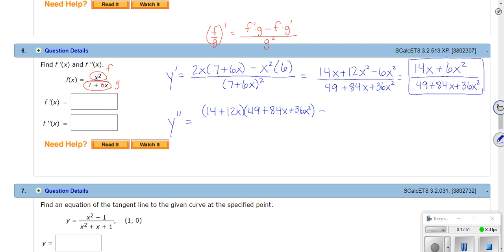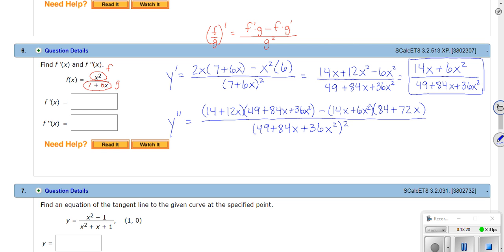Well, my f is 14x plus 6x squared times my g prime, which is 84 plus 72x, all over g squared, which my g now is going to be the 49 plus 84x plus 36x squared.